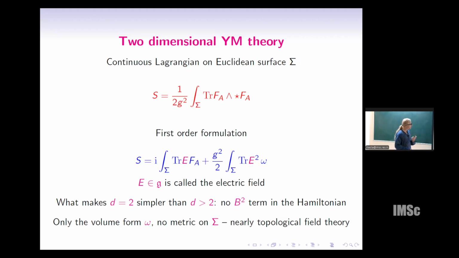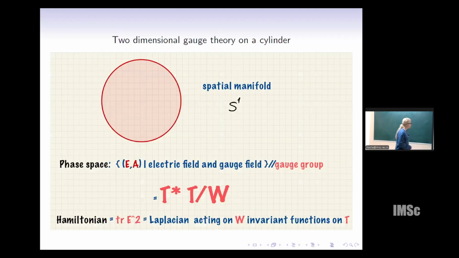So essentially, apart from the topology of sigma, there is only one invariant, which is the total area. And in that sense, this theory is almost a topological field theory. There is no local structure to this volume form which you can capture. So we can anticipate that the theory will be simple.